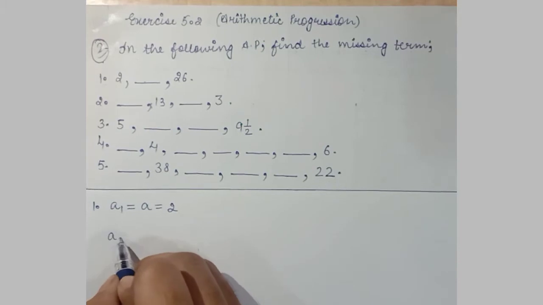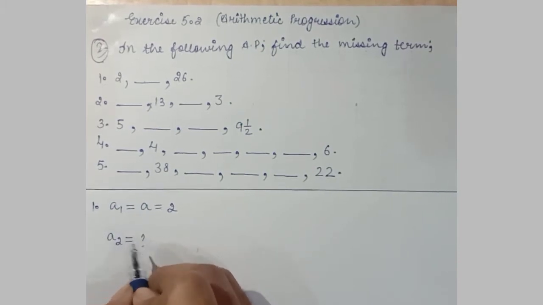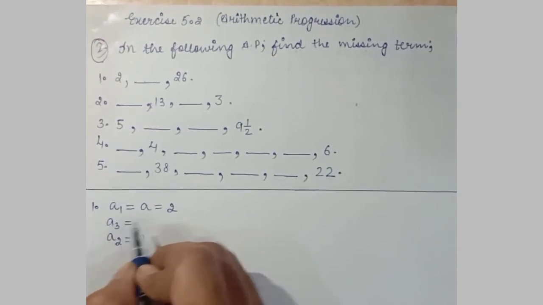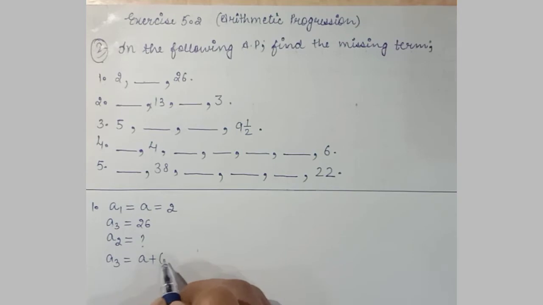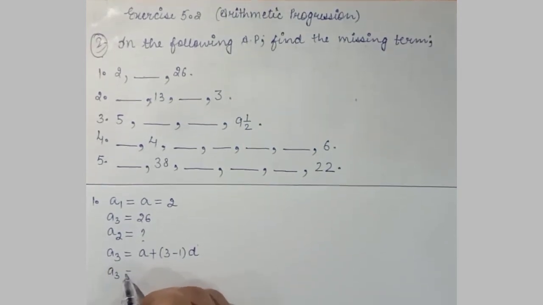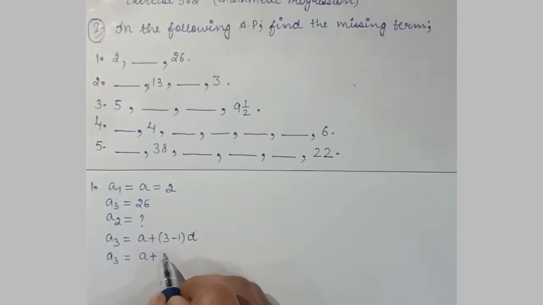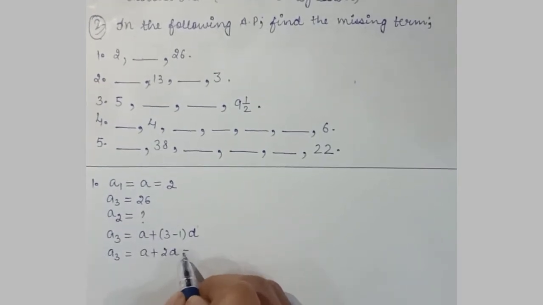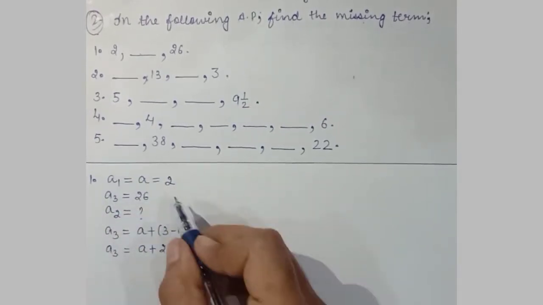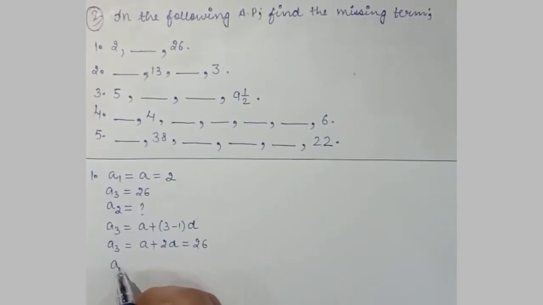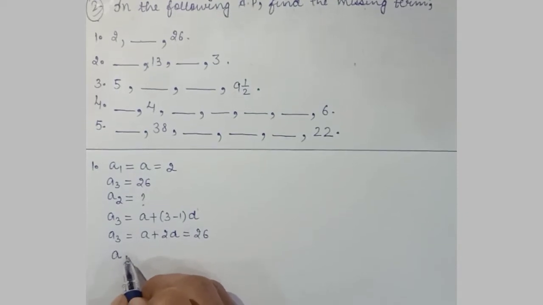We have to find the second term. And the third term is 26. We write the third term as a plus 3 minus 1 d. a3 is a plus 2d. So a plus 2d is 26. Now in this question we are given two equations.